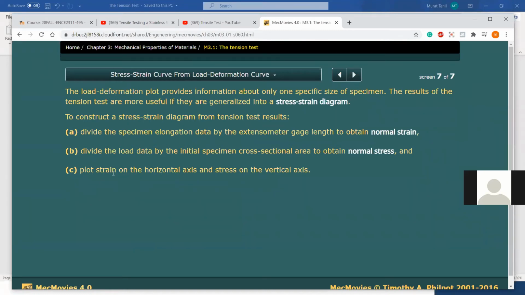And then the third one is the plot. You need to plot the strain on the horizontal axis. I already showed you how to plot it. You should have the stress on the vertical axis, which is the y-axis, and on the horizontal axis, the x-axis, you need to have the strain data.